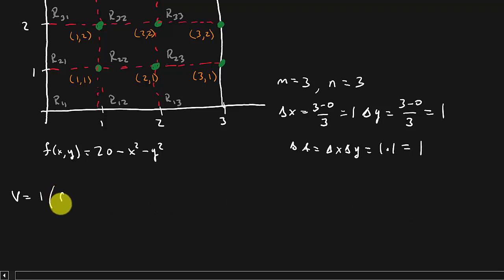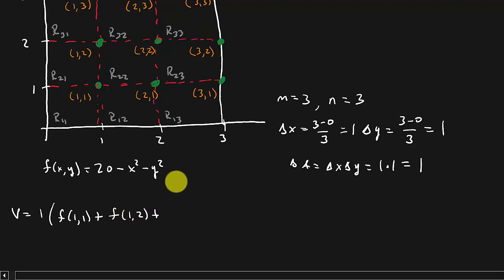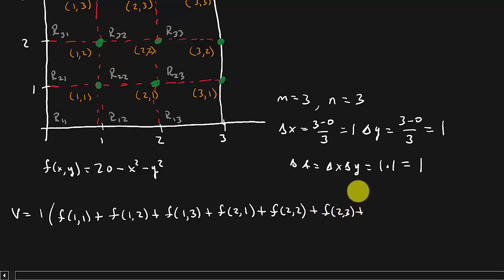So I've got f of 1, 1, this point, plus f of 1, 2, plus f of 1, 3, plus f of 2, 1, plus f of 2, 2, plus f of 2, 3, plus f of 3, 1, plus f of 3, 2, and then plus f of 3, 3.